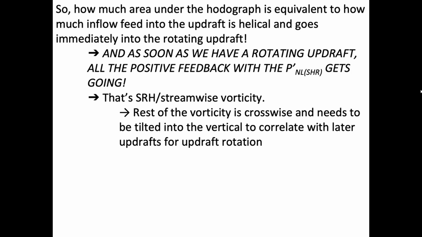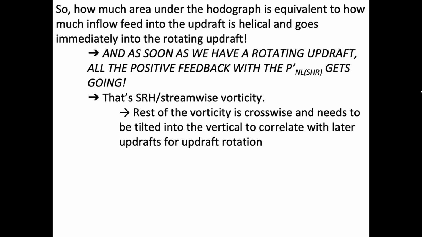Yes, there may be crosswise vorticity in an example. That would need to be tilted into the vertical to later correlate with updrafts for updraft rotation. But when we have that streamwise vorticity right off the bat from that arched hodograph example, then that nonlinear shear perturbation pressure term gets going immediately, and that really ties everything together. Yes, that nonlinear shear term can be operating for crosswise vorticity, but it gets immediately activated by the ingestion of streamwise vorticity.